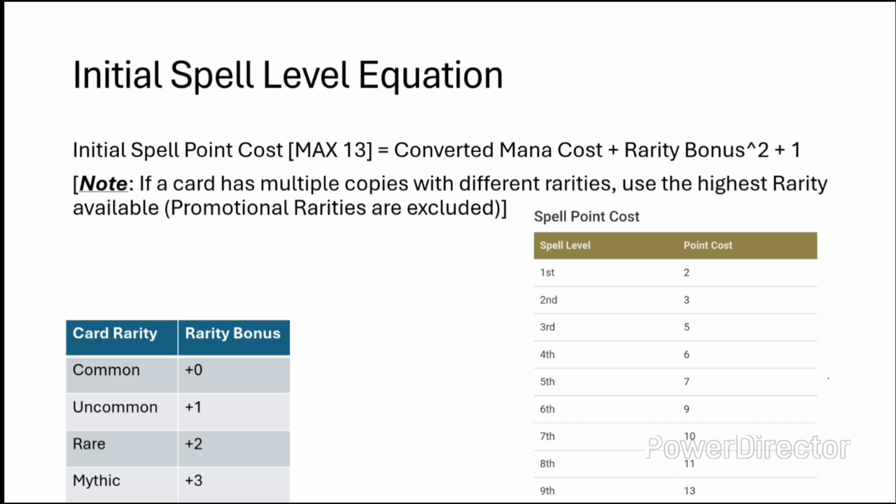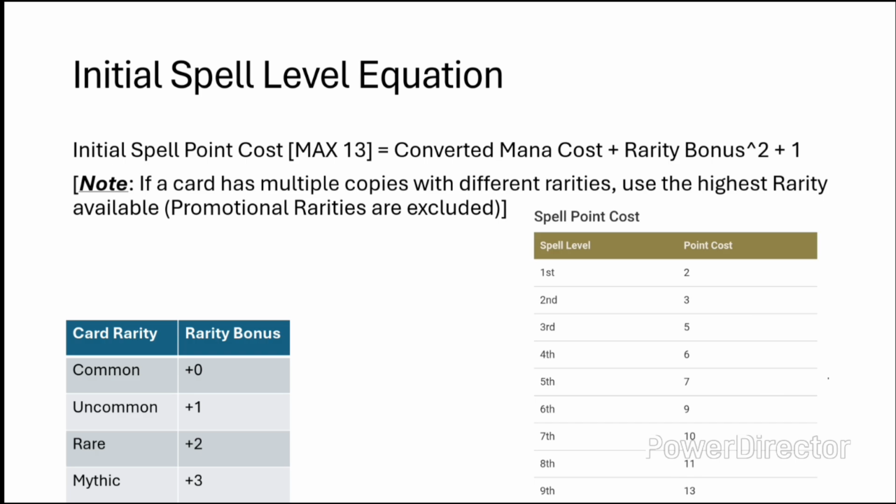And how am I getting this calculation? Well, in the last video, we talked about spell points. And I went over the extensive rules in that one page that we had gotten for spell points. And we're going to be using spell points today to figure out how strong a spell is based on the mana cost.